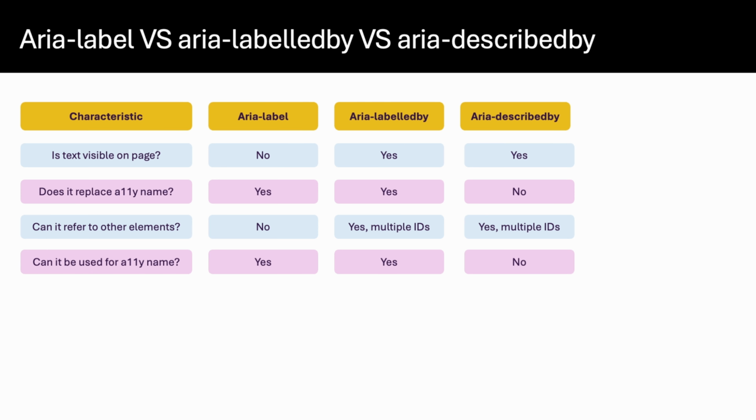Think of this table as your aria naming cheat sheet. And here's the simplest rule. If a label is visible, use aria-labelledby. If there is no visible label, use aria-label. And if you need to provide additional instructions or link error messages, use aria-describedby. This table alone can save you from half of the beginner's aria mistakes.